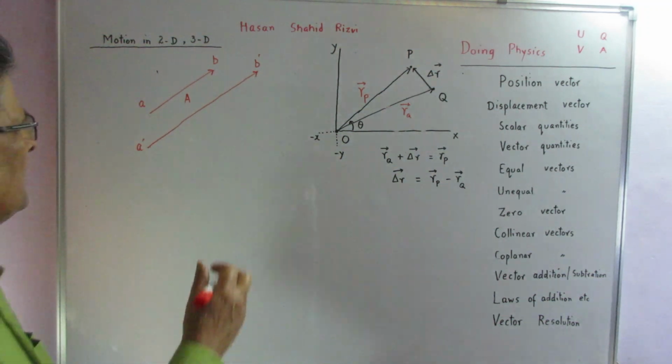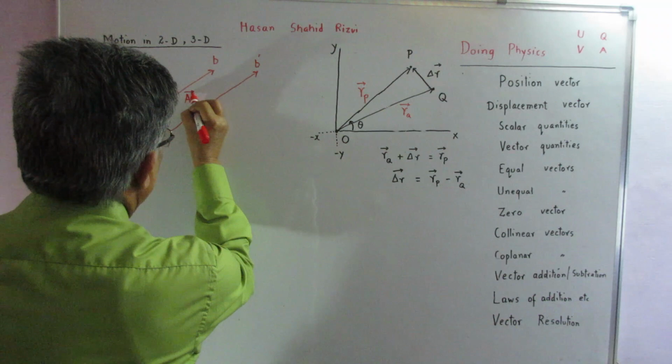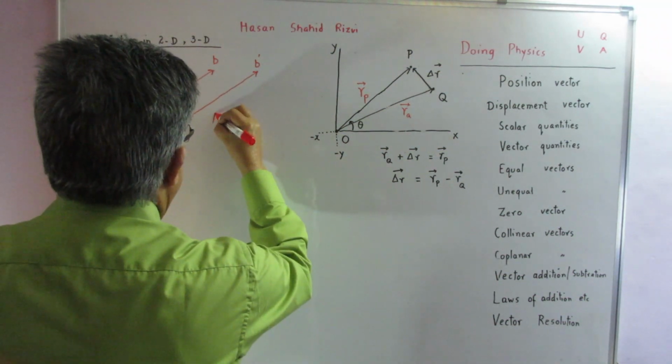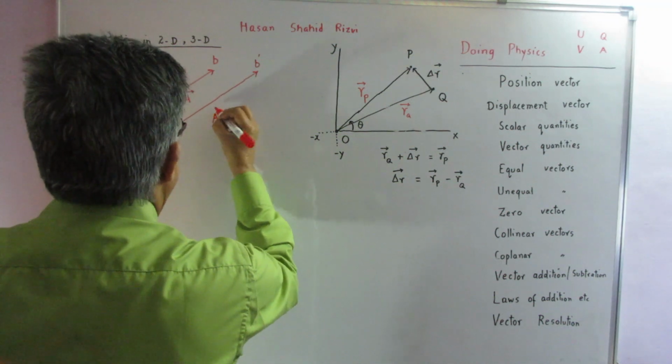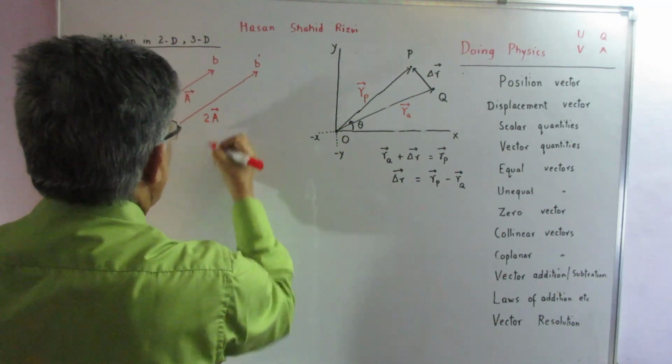So if I call the first vector A, I can say that this vector is A multiplied by 2.